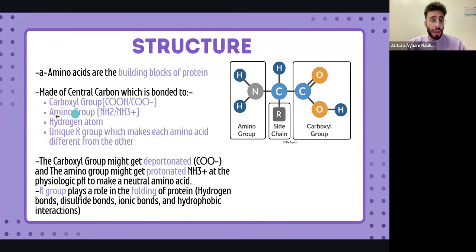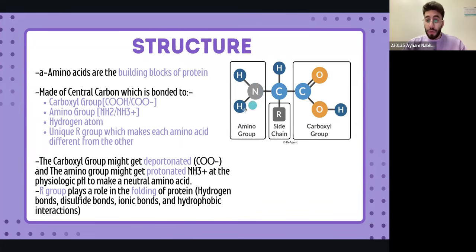So as we said, it's written over here. The carboxyl group might get deprotonated, and the amino group might get protonated. What does that mean? The carboxyl group, which is COOH, once it gets deprotonated, this hydrogen atom is gonna get out from the amino acid.